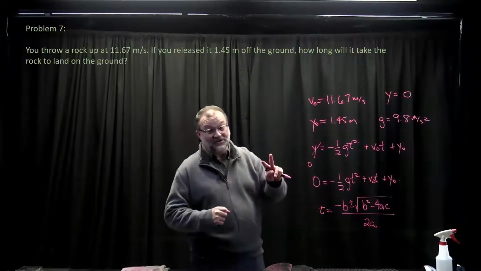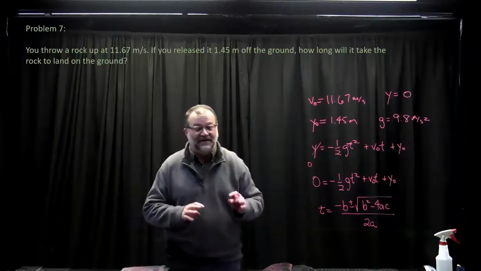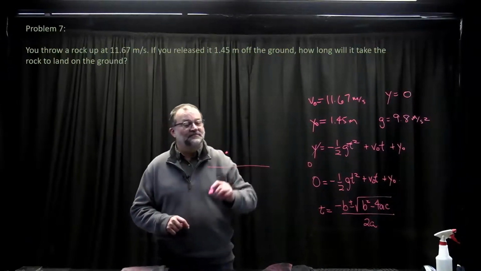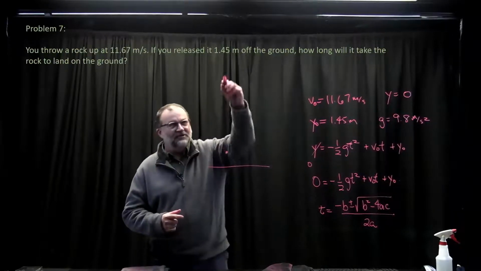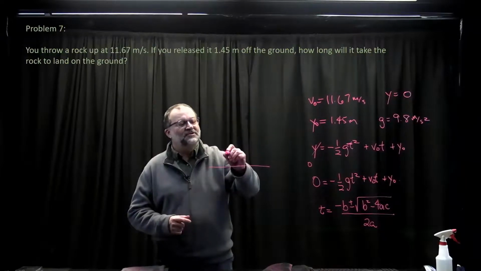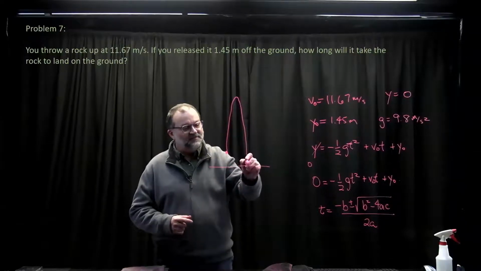There are two answers, of course, and the two answers correspond to two different physical things. So here's the ground, and I'm going to draw this as a parabola because it's hard to go just straight up and down and show what I'm talking about. So this goes up, and it comes back down.